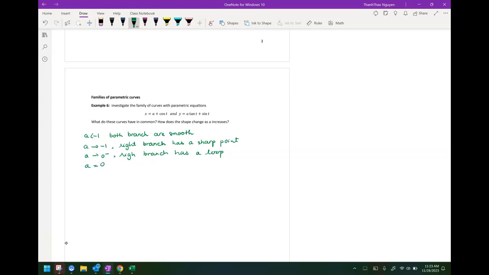At a equal to 0, we get a unit circle. As a approaches 0 from the right, the left branch now has a loop.